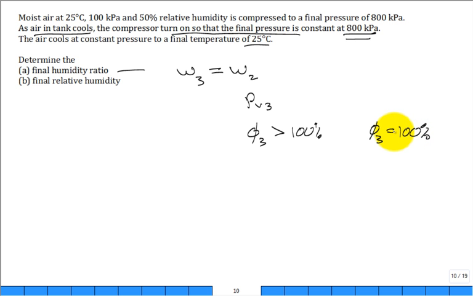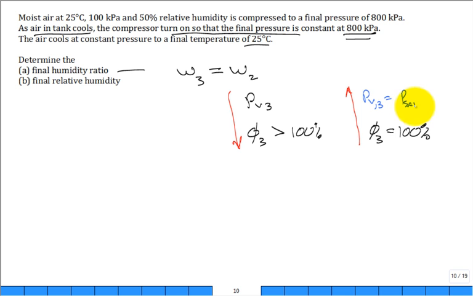Does the logic make sense? I'll assume nothing condenses, then say it absolutely has to condense. Now I'll assume that it condensed, and what I have left in there is saturated vapor at 100% relative humidity, or saturated air. So then what is the actual PV at 3?